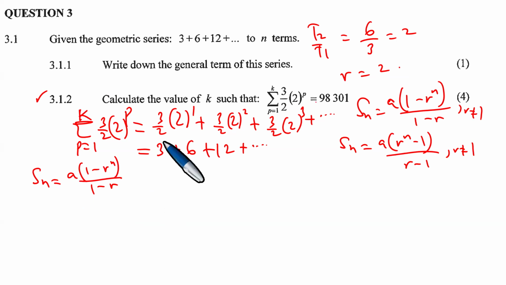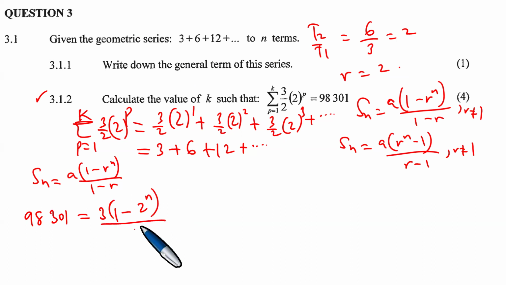So which means the summation. What is the summation? The summation is 98,301. So Sn is 98,301 equals the first term, which is 3, times 1 minus the constant ratio 2 to the power n, divided by 1 minus 2.